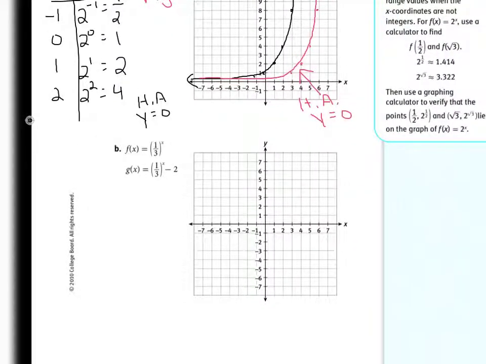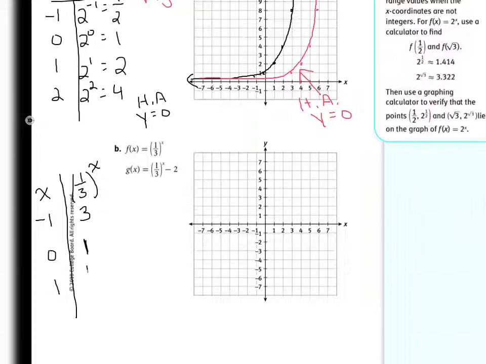The next one, our parent graph is 1/3 to the x. And if we do that to the negative 1 power, that's going to be the reciprocal. That's going to give me a 3. 1/3 to the 0 power is going to give me a 1.